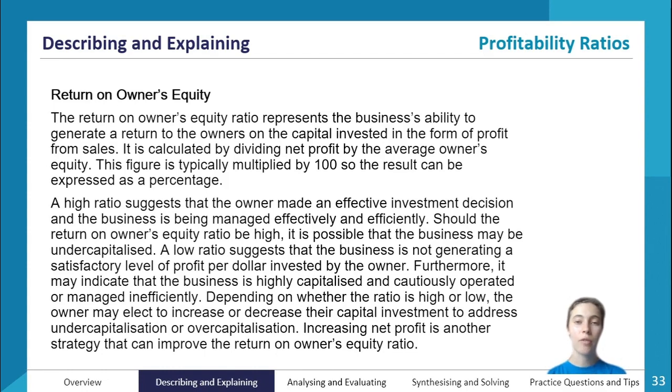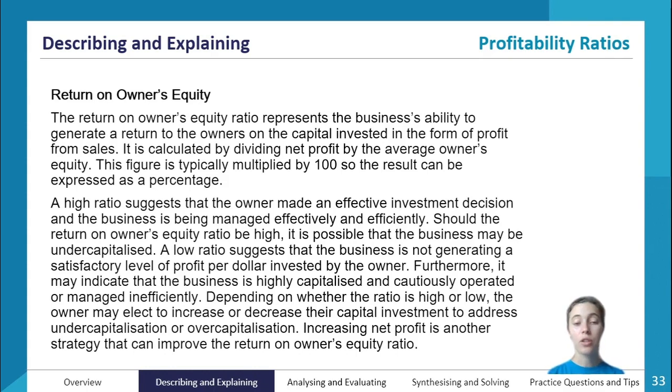Now, when we say average owner's equity, this will involve you looking at the owner's equity from the 2 different years. So say it's 2022 and 2023, and you'll be adding those and dividing by 2 to find the average. And again, you can multiply by 100 to express the result as a percentage.